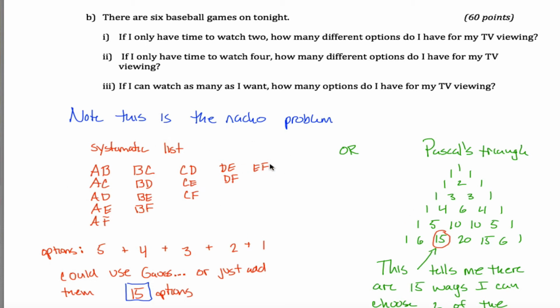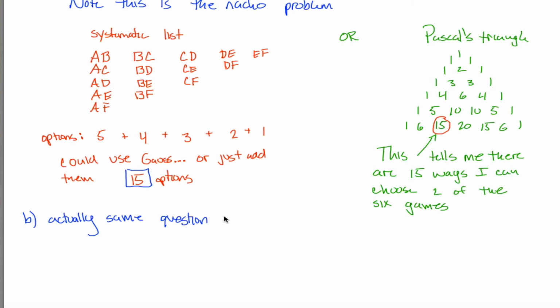You could not watch E and F, or you could not watch C and E. You could not watch B and C. If you think about these as the ones you don't watch, actually the same question, 15 ways shown above to pick the 2 games that you don't watch.